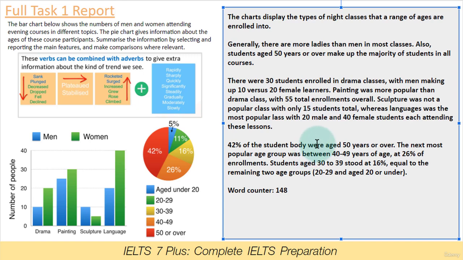So my task achievement score is, of course, very high. So an interesting example of this mixed chart, multiple chart lessons. I really do like these kind of reports because they're quite easy to group, and there's obviously a lot of things to describe as well. Okay, so let's jump into your next lesson.